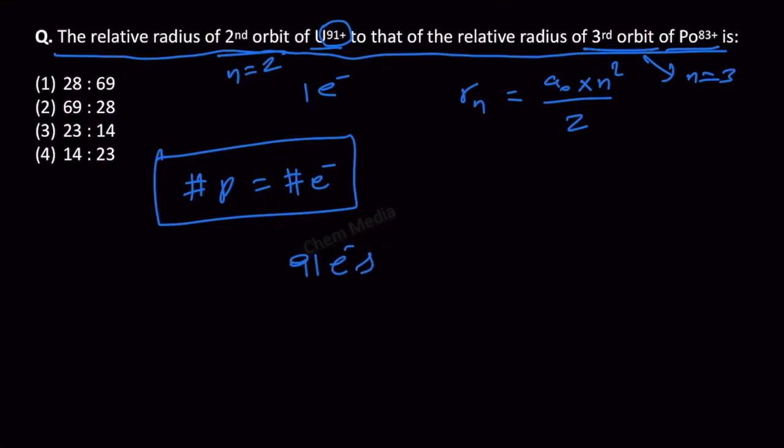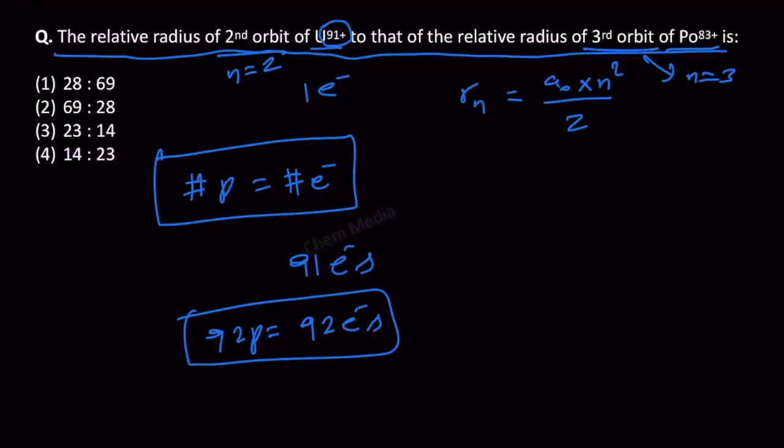So we have one more electron, which means the total number of electrons is 92 in the neutral system. This is equal to the atomic number, isn't it? So therefore the Z value for uranium is 92 and the Z value for polonium is 84 because the charge is mentioned as 83+.